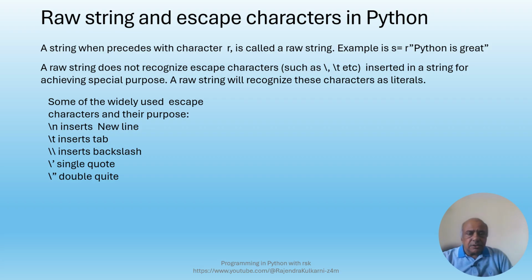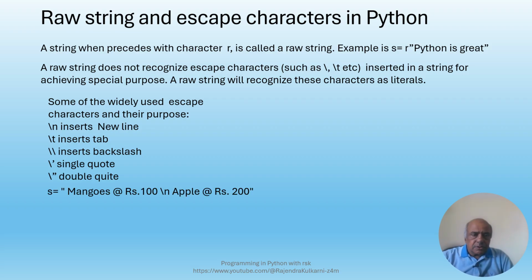Backslash n inserts a new line. Backslash t inserts a tab. Two backslashes, one backslash and another backslash, insert a backslash, then backslash followed by a quote inserts a single quote, and this way we can insert a double quote. Now see the example.